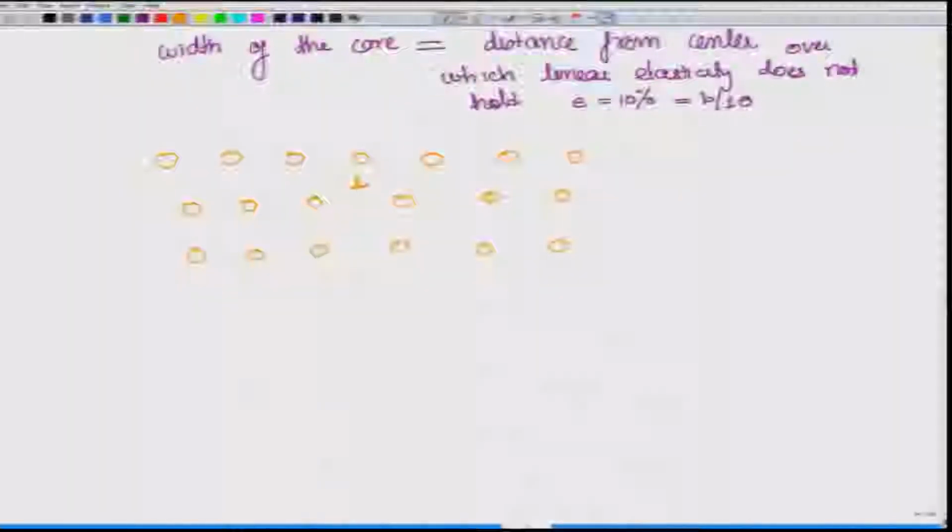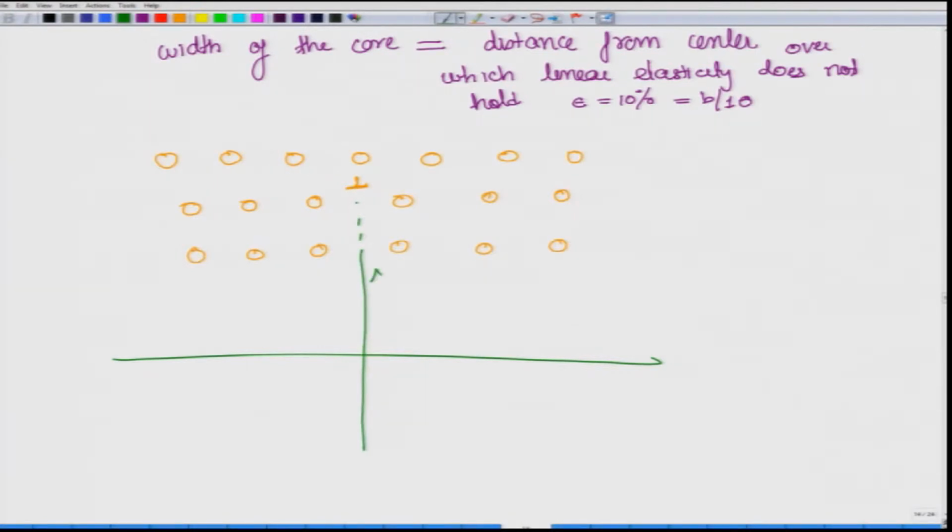And if you look at the strain just below the plane, then the strain can be depicted like this. Let us talk in terms of displacement with respect to b, which is the strain value, and as you can see the strain continues all the way up to this point. Let us say somewhere over here you are getting 10% value. So, up to this much distance is your core.